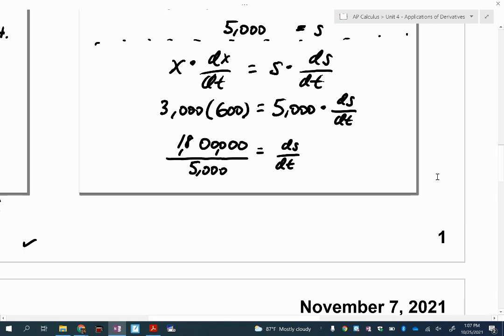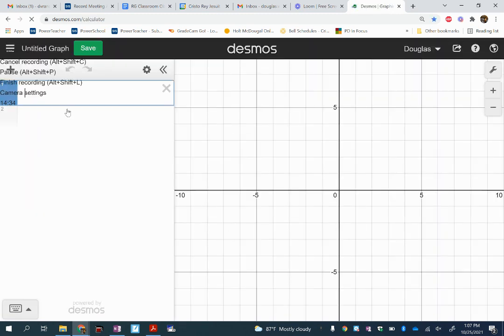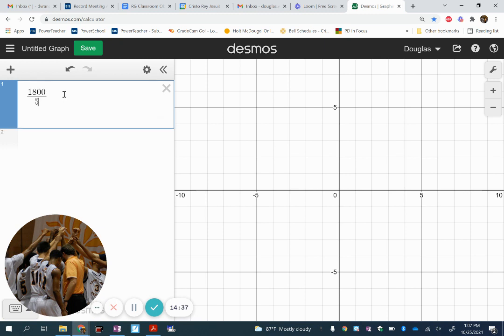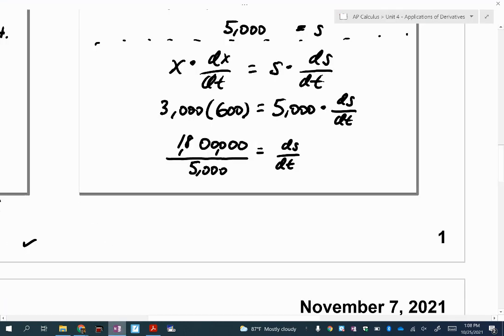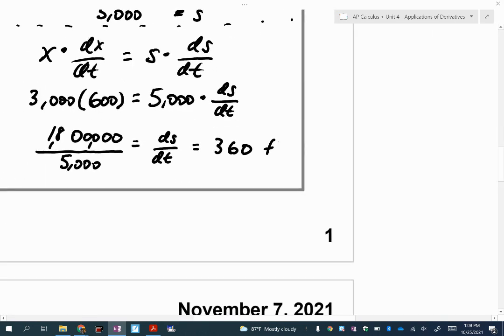So if I take away 3 zeros, 1,800 divided by 5 is going to be 360. All right, I'll get my units. So this is 360 feet per second. So this is the rate at which the distance between the man and the plane is increasing when the plane is directly over the radio tower.